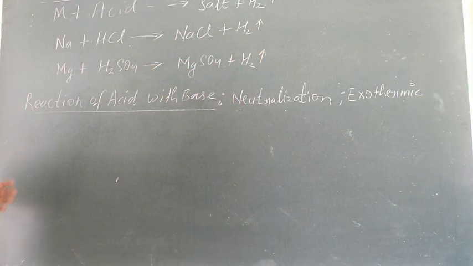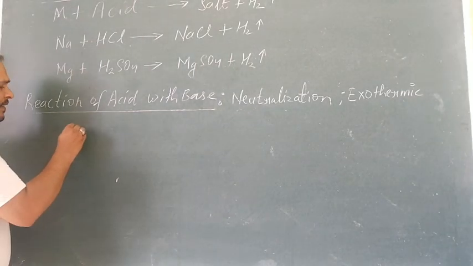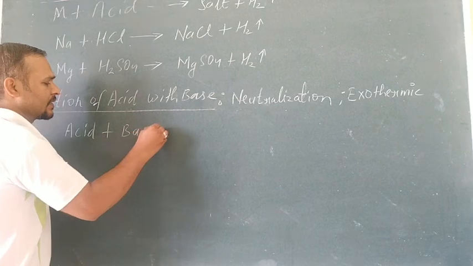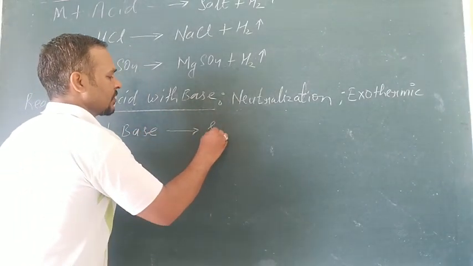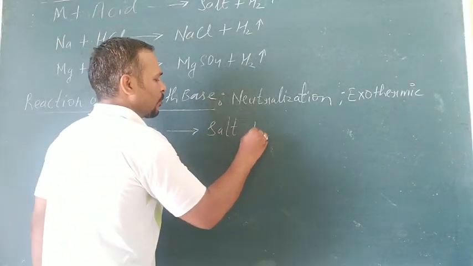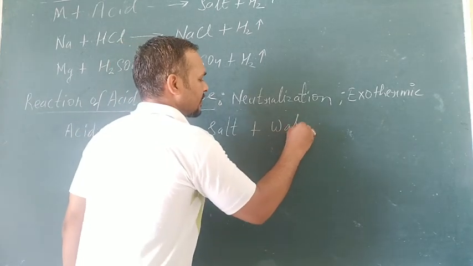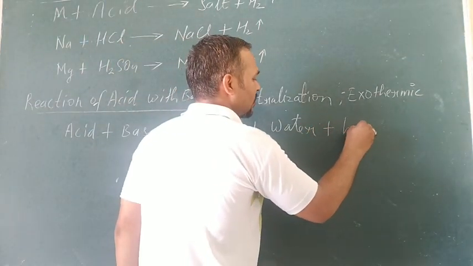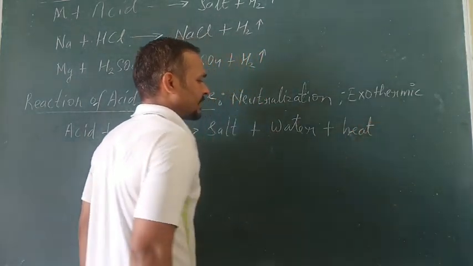It means when acid is mixed with base, it produces salt plus water. Since it is an exothermic reaction, heat is also evolved.